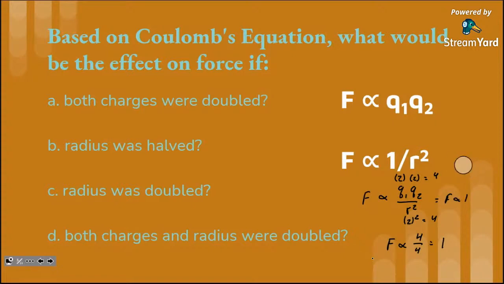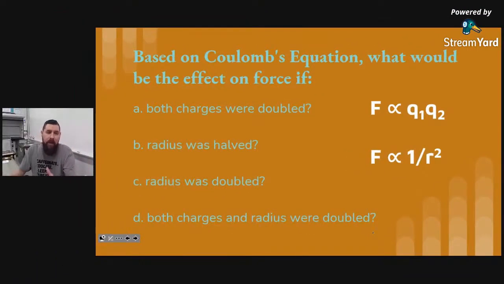Now, again, why is this important? Well, when we get into periodic trends like atomic radius, ionization energy, electron affinity, etc., radius has a huge effect on what happens with those trends. Okay?